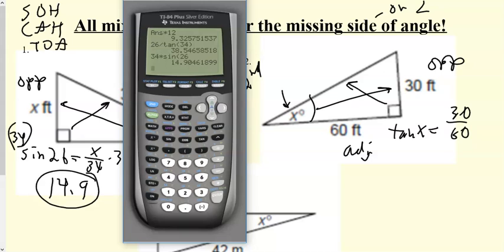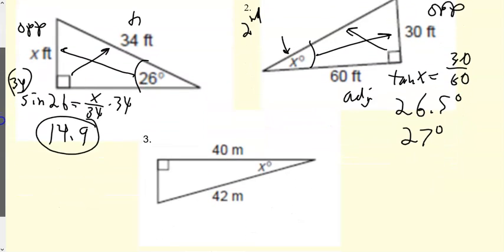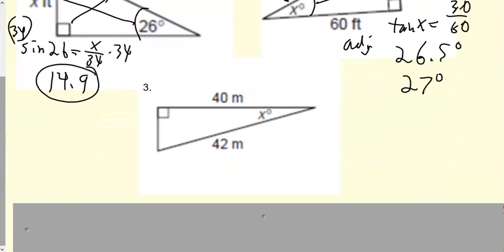I'm trying to find the angle, so I hit that second key, tangent, 30 divided by 60. 26.57. So you could put 27 degrees. I would take 26.5 degrees or 27 degrees. Either one's fine. But don't round down to 26 degrees, please.